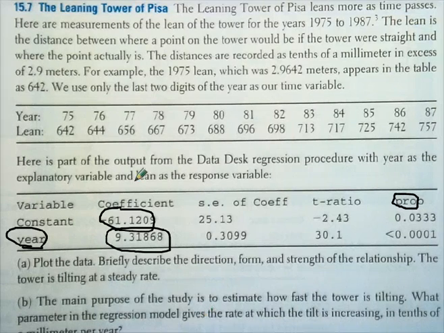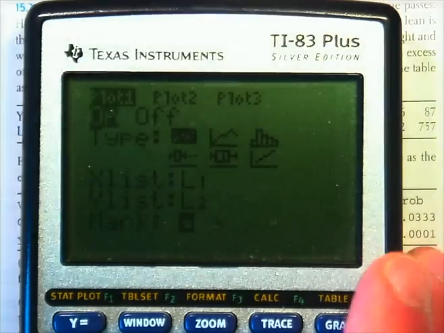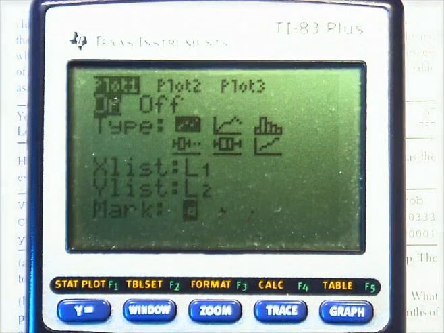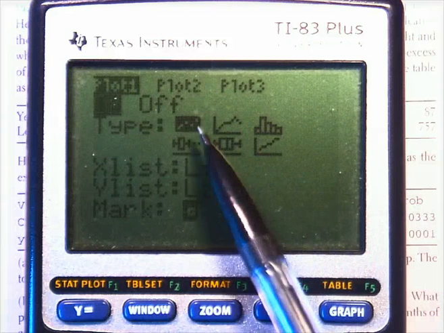So, first part of this question says to plot the data and describe the direction, form, and strength of the relationship. So this is very important. This is really a description of a scatter plot. Remember, in order to generate a scatter plot, you want to go to second y equals, turn on your plot. This is the scatter plot option.